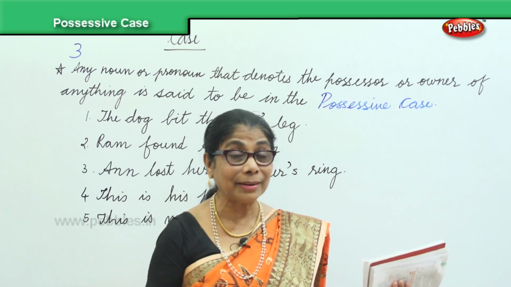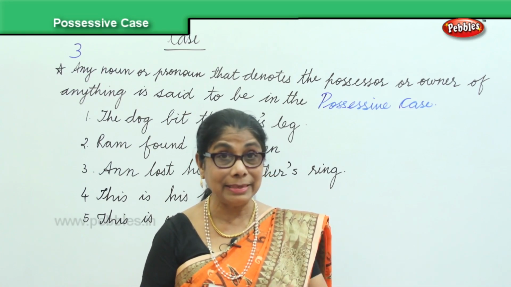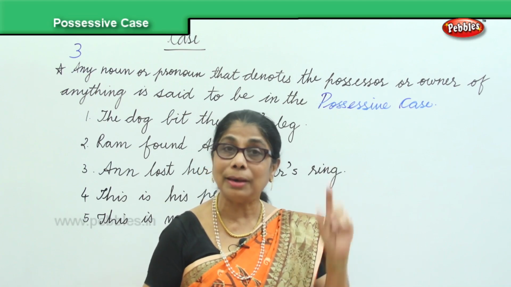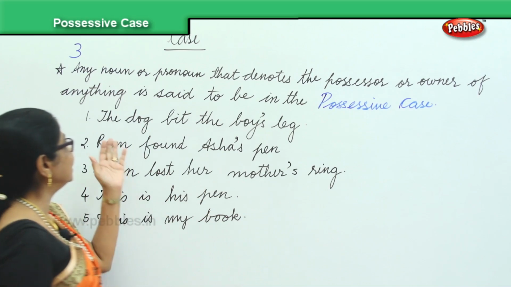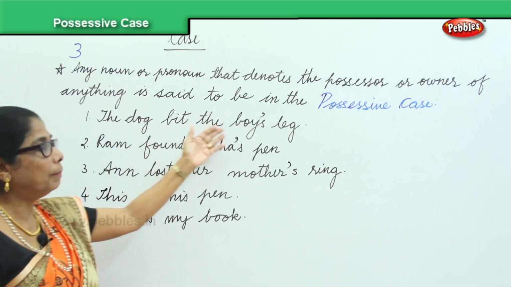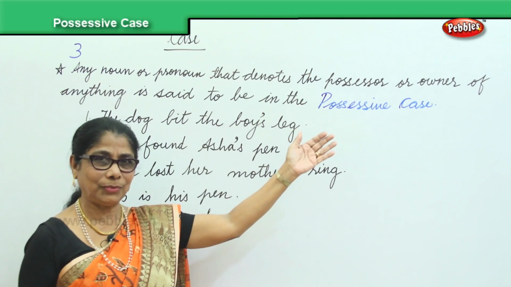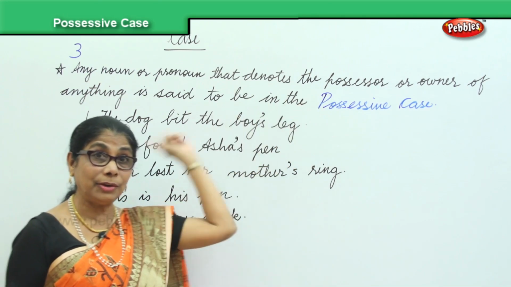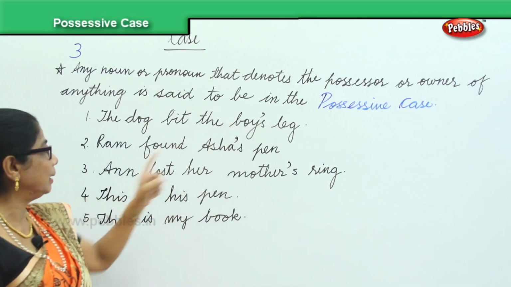Owner is Kala. This book is Mala's. Who is the possessor, owner? Mala. So now look at this sentence. The dog bit the boy's leg. Whose leg? The boy's leg. Not my leg.